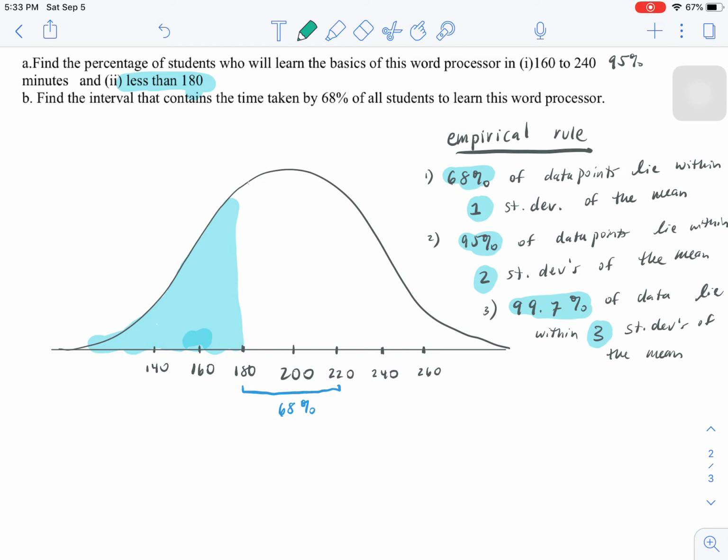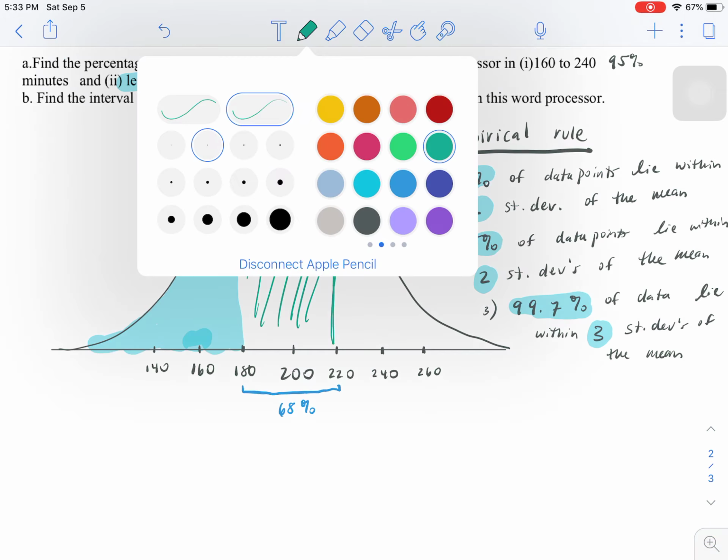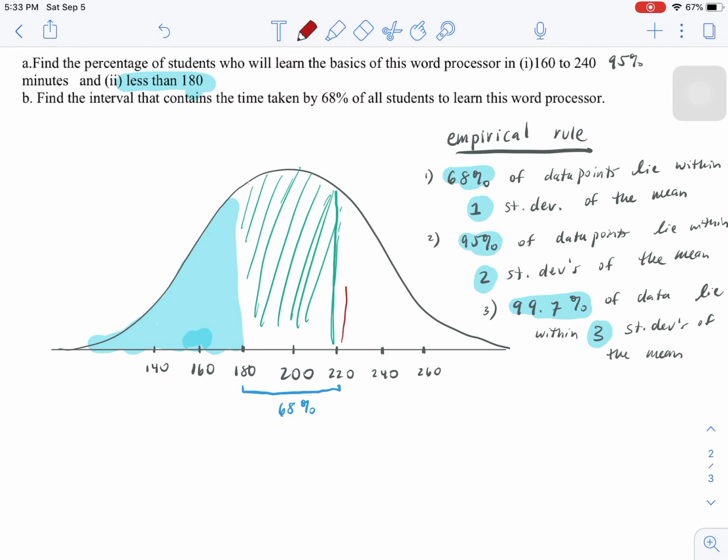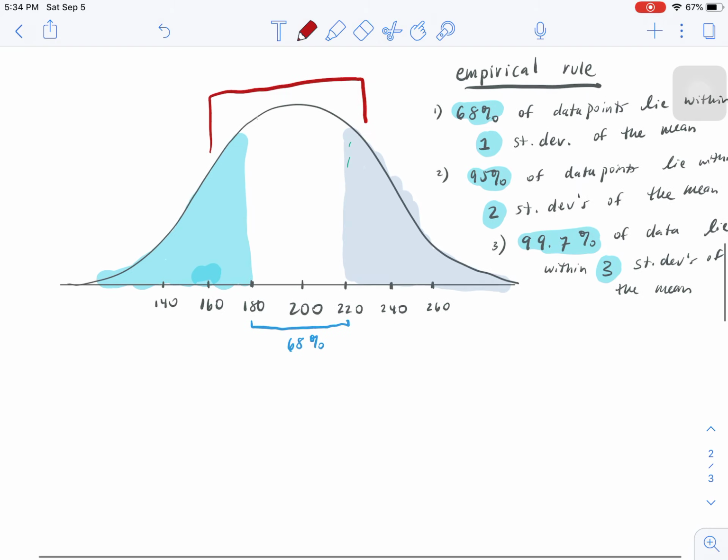Now, I know that everything in this area from 180 to 220 is 68% of my data. So if I know that 68% is this unshaded area in the middle, then in these two shaded areas together, I must have 100% minus 68%.